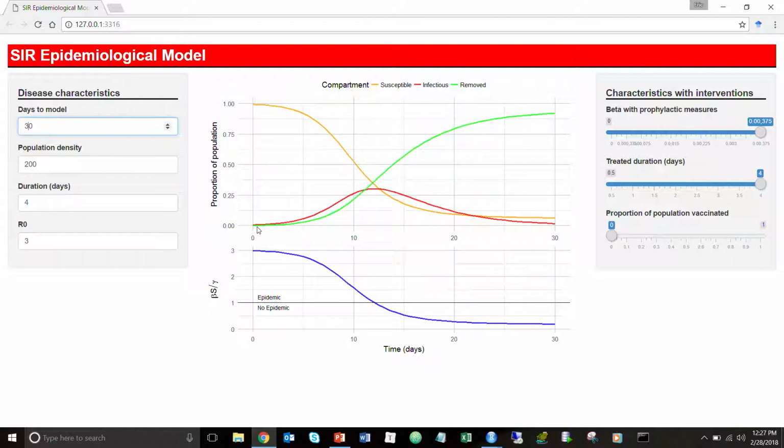At first, we can look at this red line here, and you're the only one who is infected. But then your roommate gets infected, and your neighbor gets infected, and pretty soon people are getting infected faster and faster. Instead of a new person coming down with a disease every day, it's every hour.